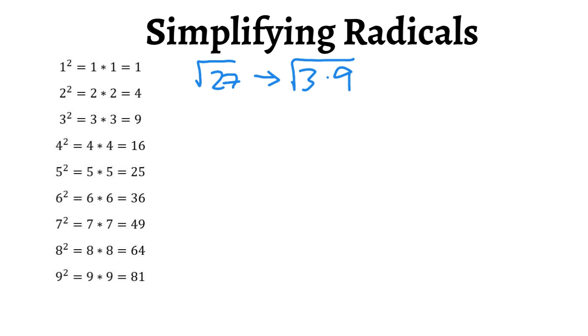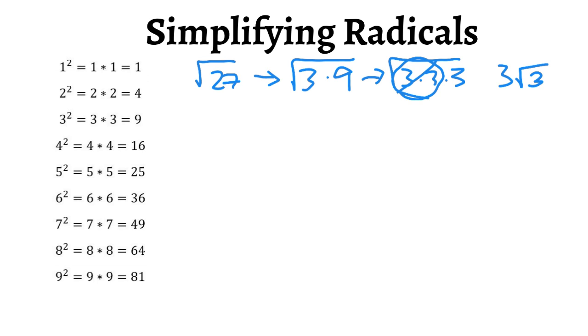I can break down the 9 even further as 3 times 3. Now that I can't break down any number further, I look for pairs. Notice how there's one pair of 3's that I can pull out as a 3, and the other 3 that was left over, since it does not have a pair, stays inside. 3 radical 3.